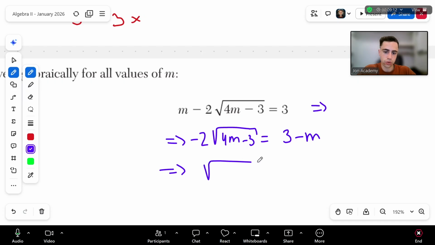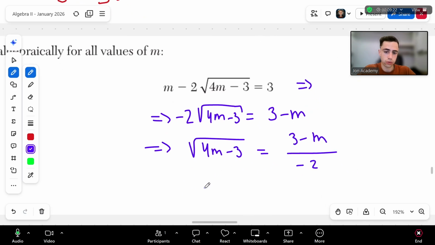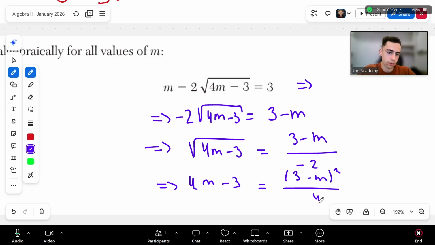And now we have a square root of 4m minus 3 and 3 minus m divided by minus 2 also now. We have to square both sides. So it's going to be 4m minus 3. And here we square the whole thing. So that's going to be 3 minus m squared divided by 4.